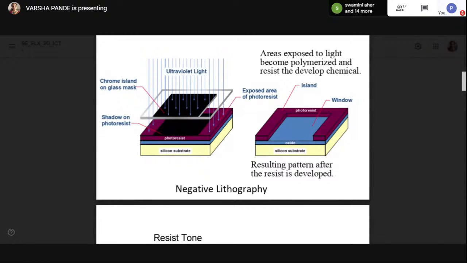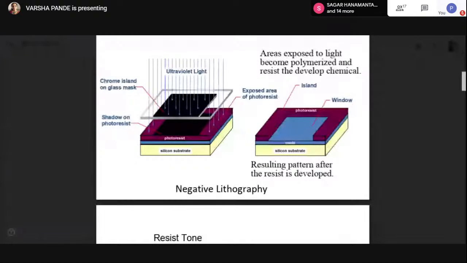The photoresist will be applied by using the spin coating method. Then, when the photoresist is applied, the mask will be kept above it. In the mask, you can see the outlines are transparent and the middle portion is the dark region. Then it is exposed to the ultraviolet light.